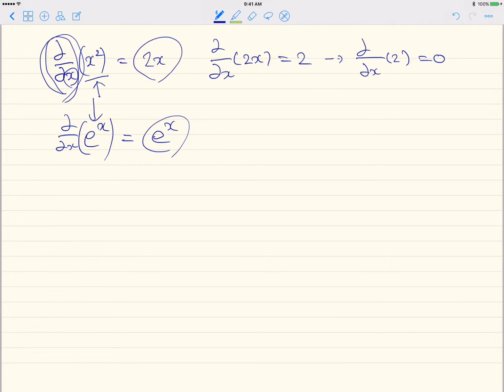Which means even if we keep applying this differentiation operator, this guy will still be alive. Okay? So that was part of this cartoon.